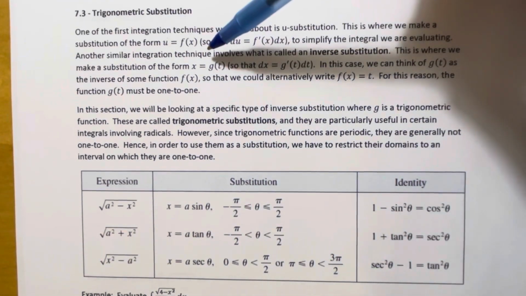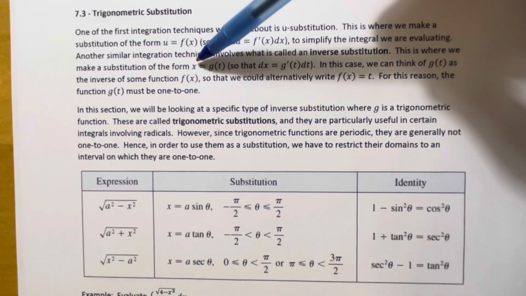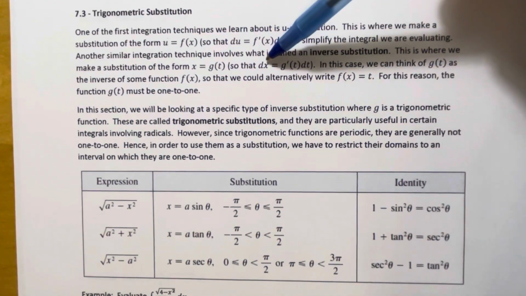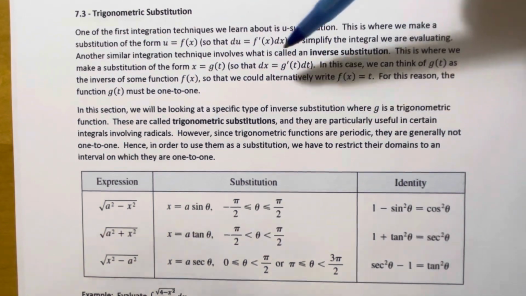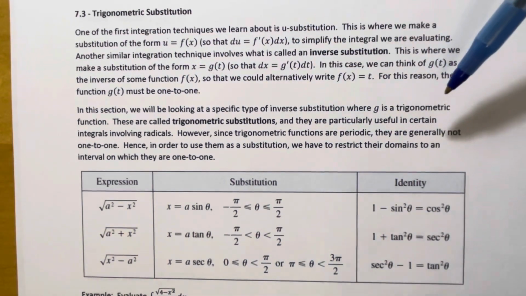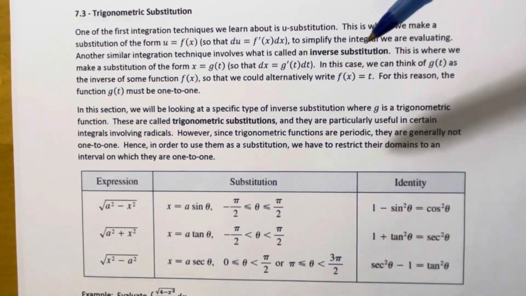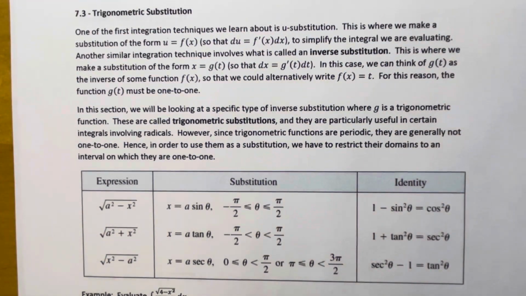When we use this kind of substitution, we have x equals g of t, but then we also have dx equal to g prime of t dt. And so we use these two substitutions in our integral to hopefully make the integral easier to solve.